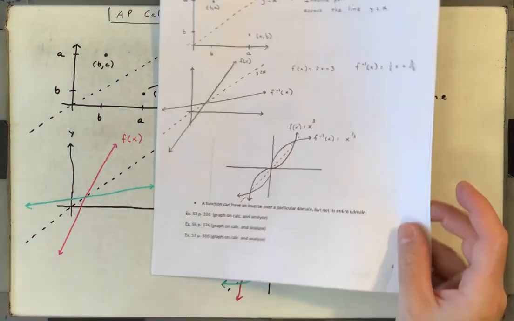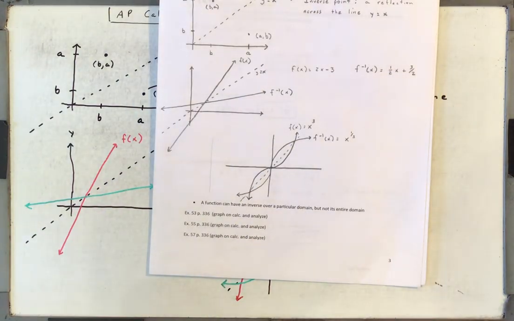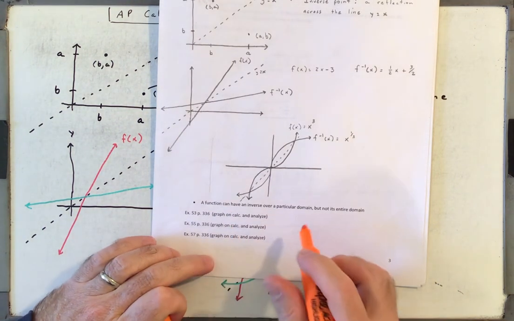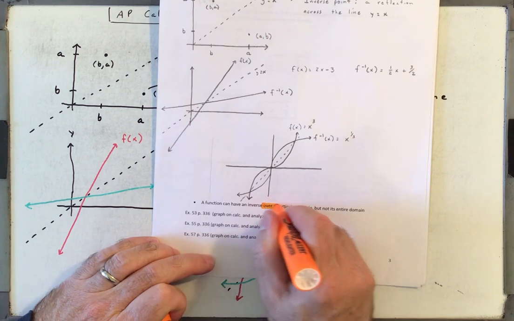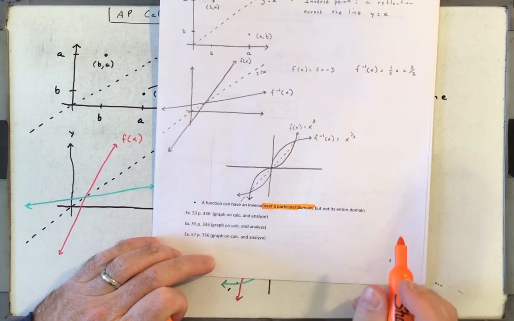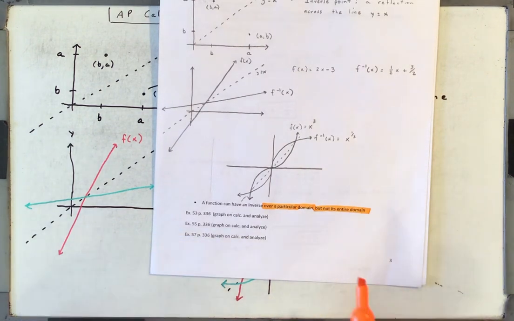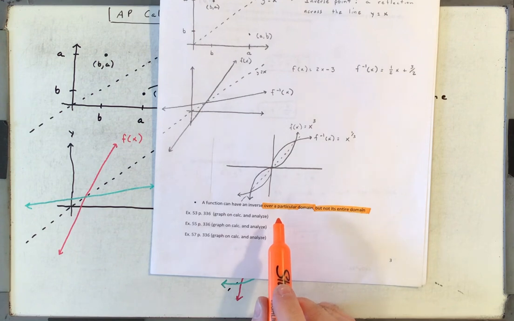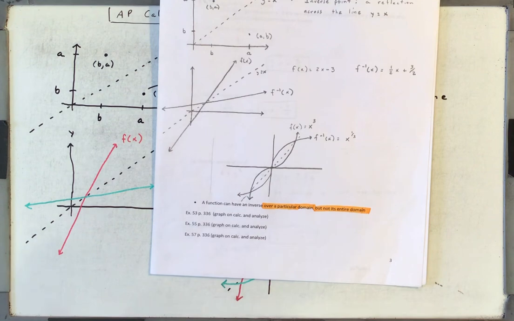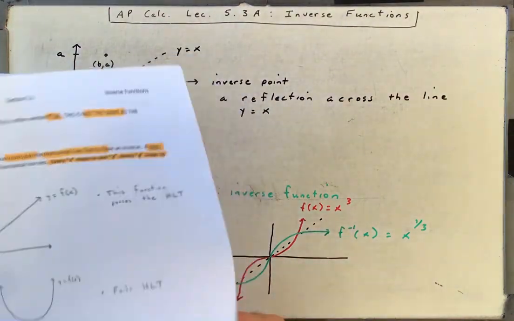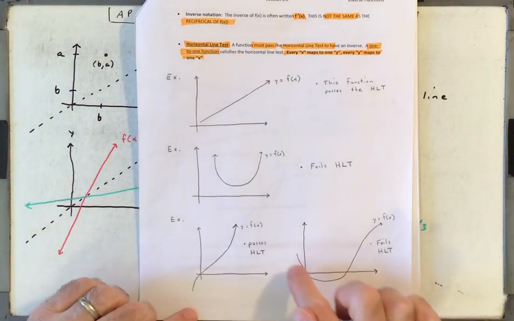So the last bullet, and we're not going to do these on the calculator. You are welcome to do that on your own if you want. A function can have an inverse over a particular domain. So if we restrict the domain, but not its entire domain. I think the homework does this maybe in 1 or 2 problems, restrict the domain so that it passes the horizontal line test. I mentioned that when I drew on the last sheet on this function right here.